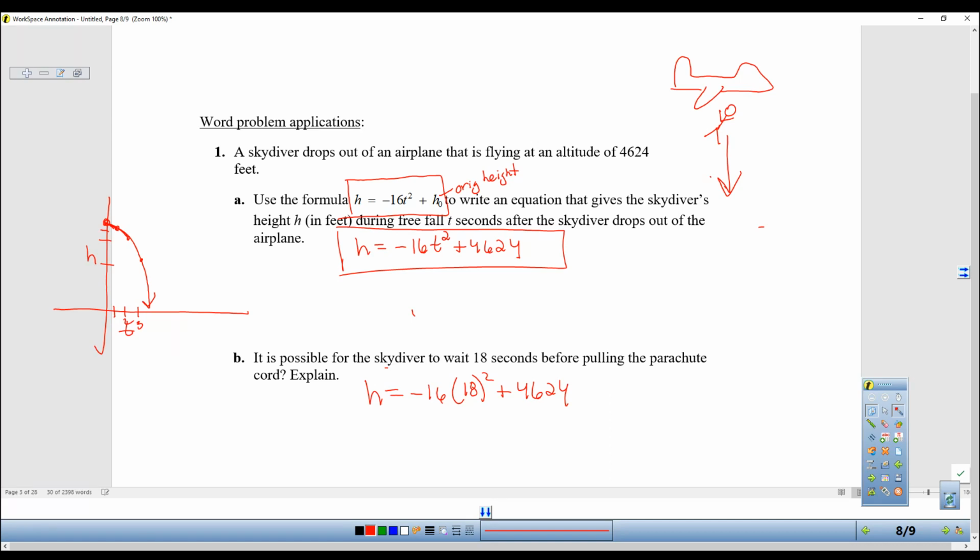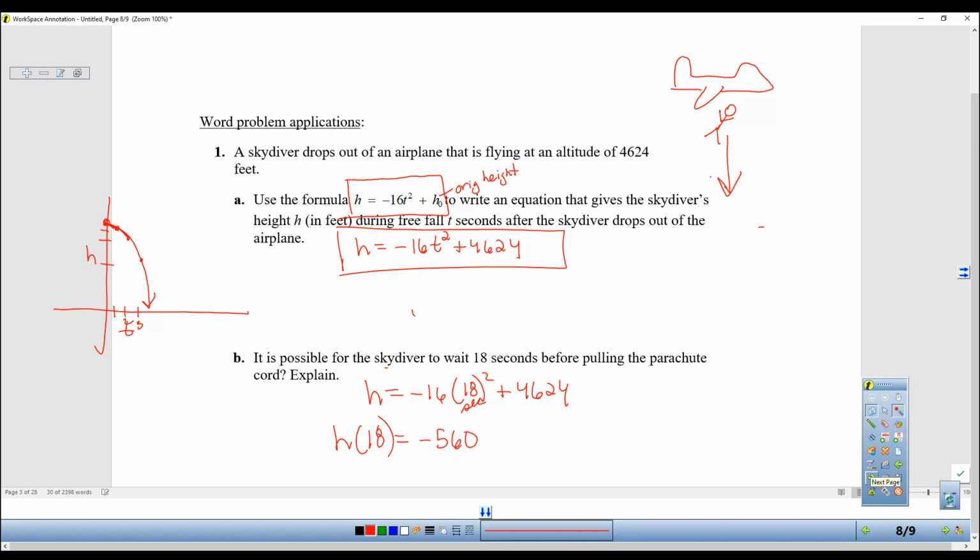And I get -560. What does that mean? That means his height is below ground, okay? So no, after 18 seconds, his height, so I'm going to change this to a more accurate way of writing it. His height after 18 seconds is down in the ground. He's negative, so he's already hit the ground. He cannot wait 18 seconds before pulling the parachute cord.